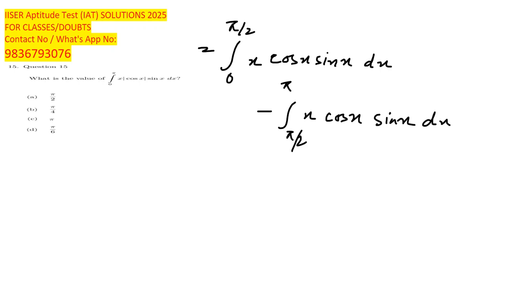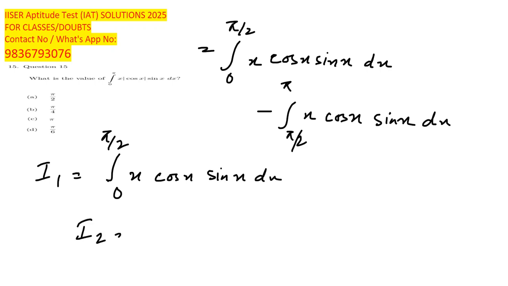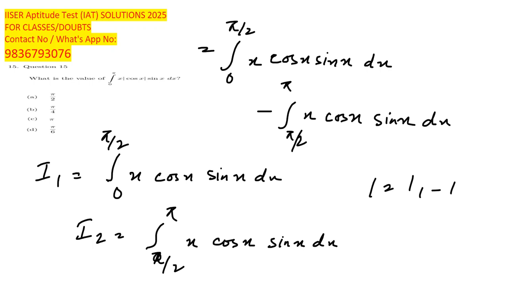So let's denote both integrals: I1 is equal to integral 0 to pi by 2 x cos x sin x dx, and what is I2? It's integral pi by 2 to pi x cos x sin x dx. Okay, so now I is equal to I1 minus I2.